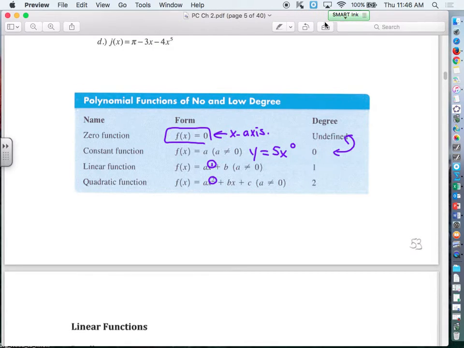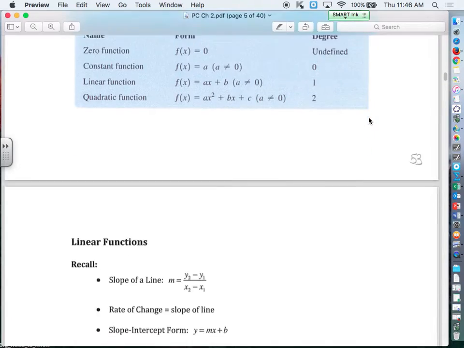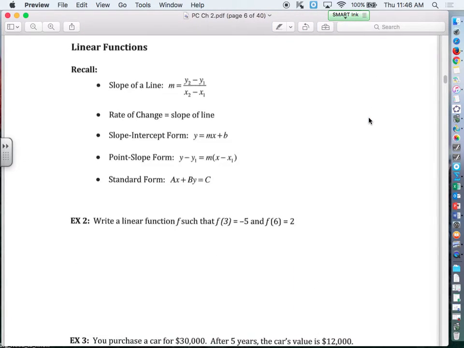All right, so let's look specifically at linear functions. A lot of this stuff is review, where we have slope of the line, change in y over change in x, rate of change. We talked a little bit about that as the slope of the line represents the rate that something is changing.